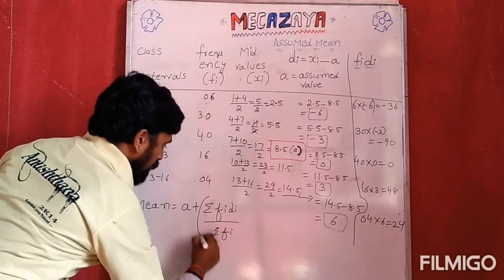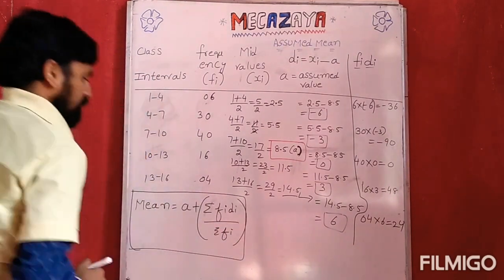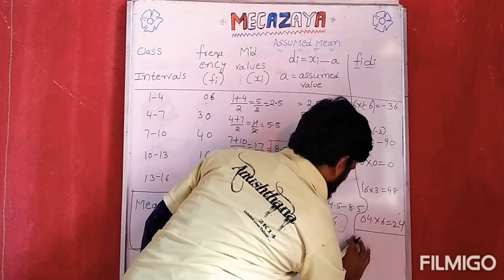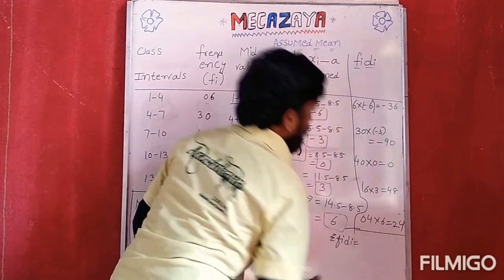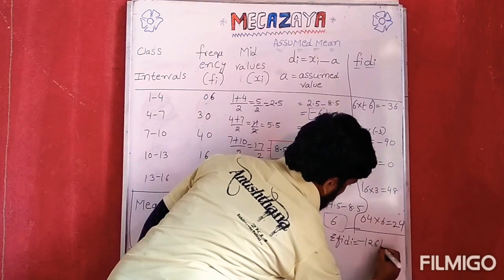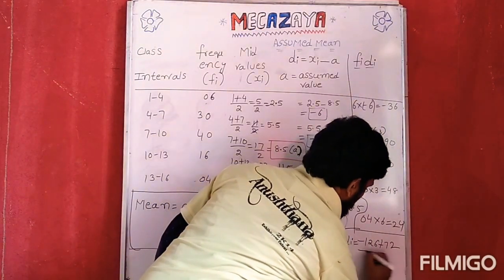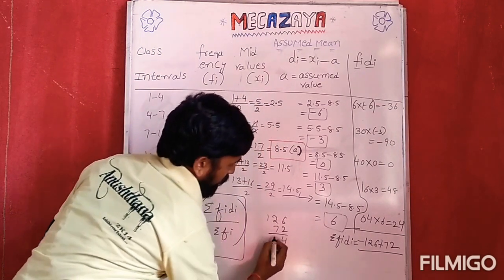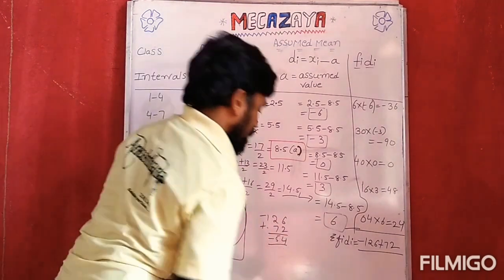This is the formula for the mean in the assumed mean method. Now sigma fi di: minus 36 minus 90 is minus 126, plus 48 plus 24 is 72. Then subtract 126 minus 72, which is minus 54.